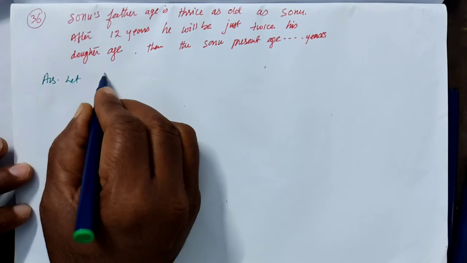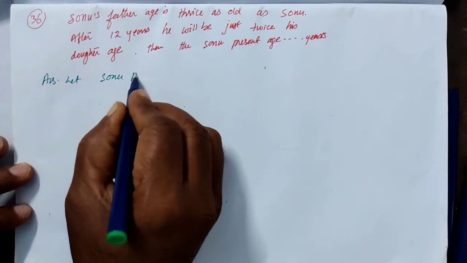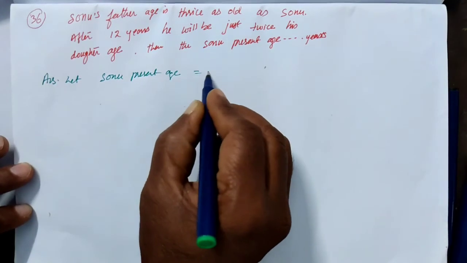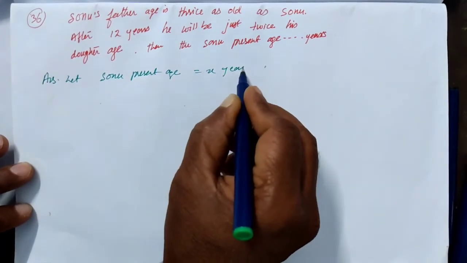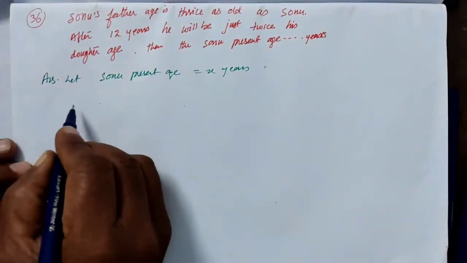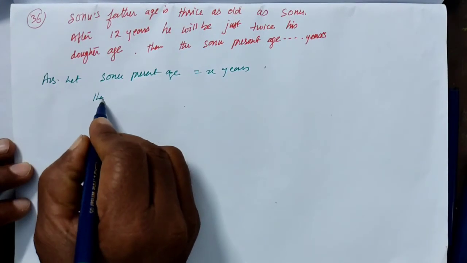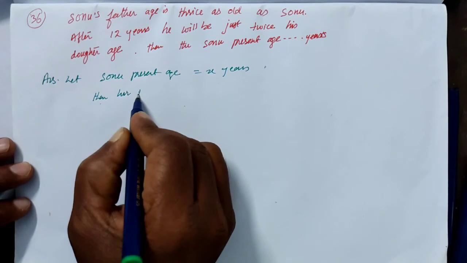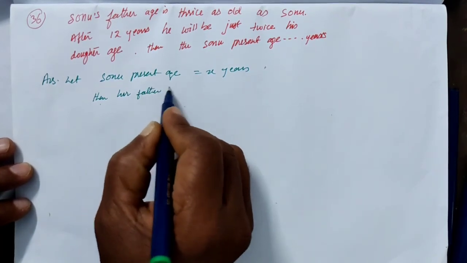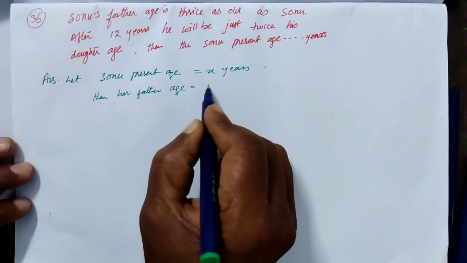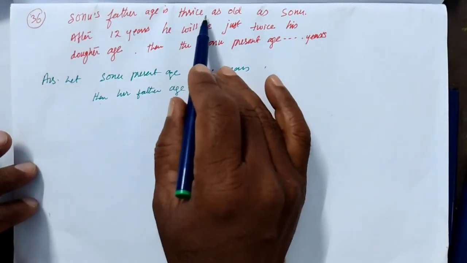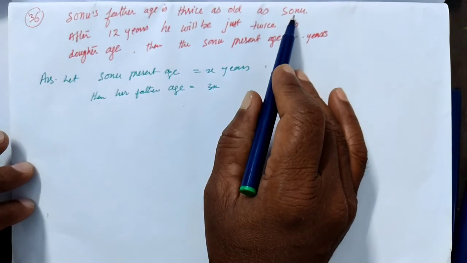Let Sonu's present age be x years. Then her father's age is 3x, because Sonu's father's age is thrice as old as Sonu, as given.